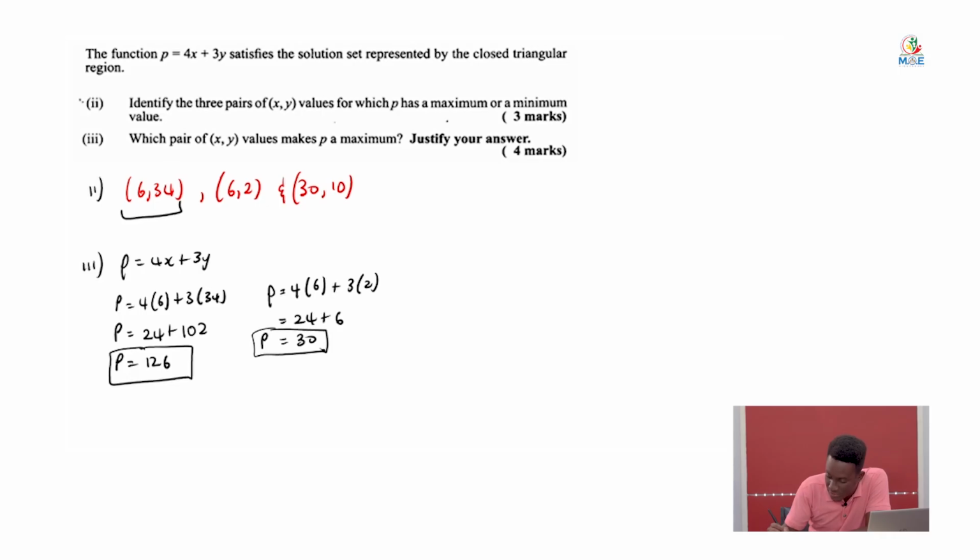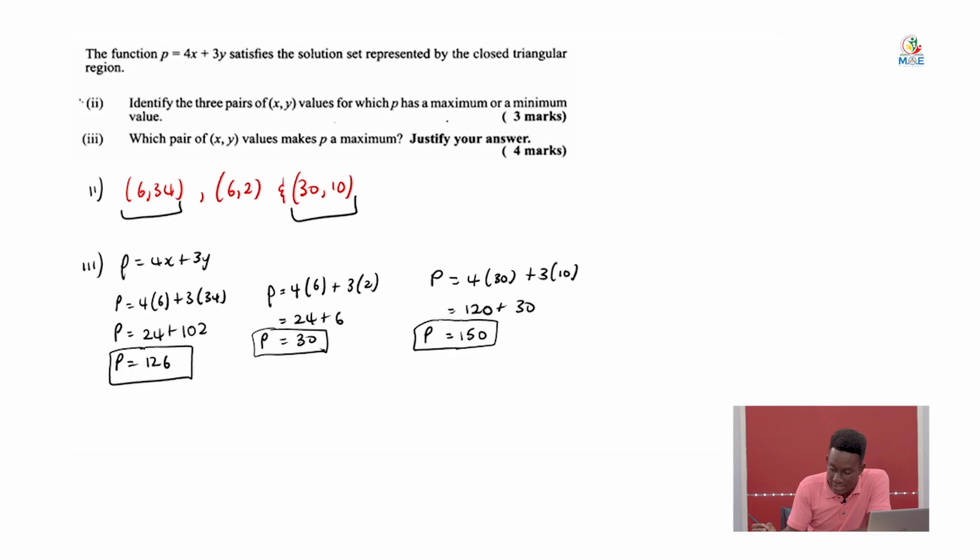And last but not least, let's use the last one. 4 times 30 plus 3 times 10. 4 times 30 is 120 plus 3 times 10 is 30. Hence P is equal to 120 plus 30, which is 150. So P is equal to 150.